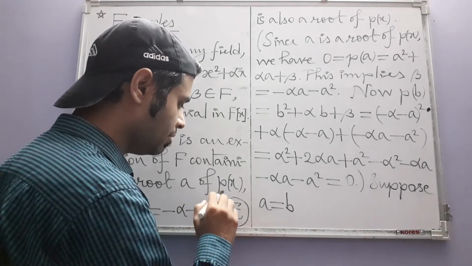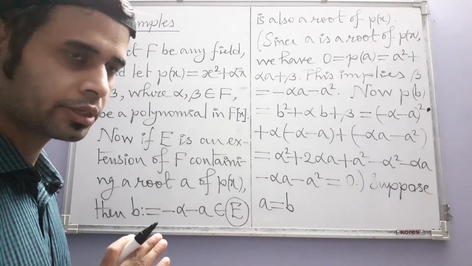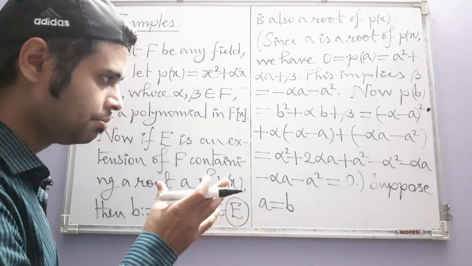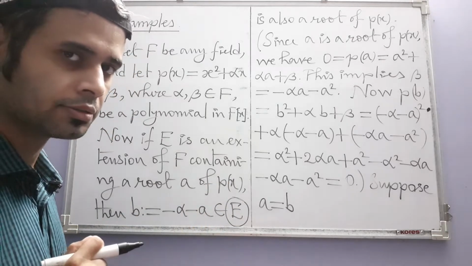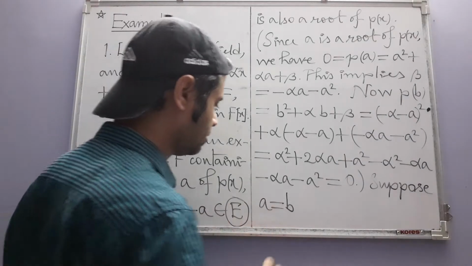So E itself may or may not be a splitting field. Yes, it contains both the roots of the polynomial, but it may not satisfy that minimal degree criterion. So we just want to say something about that.